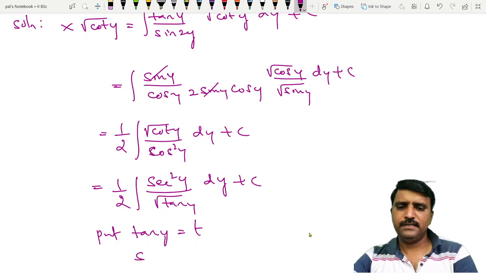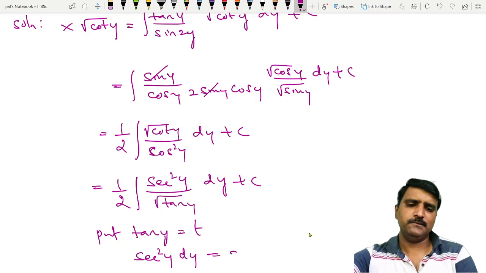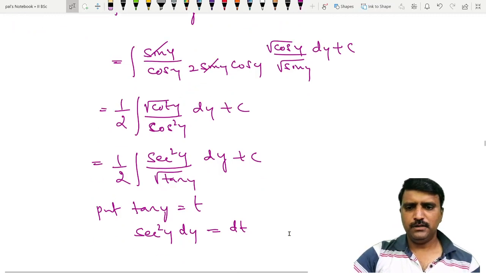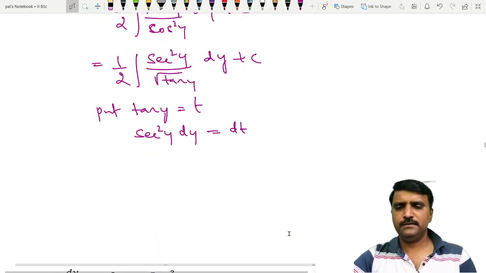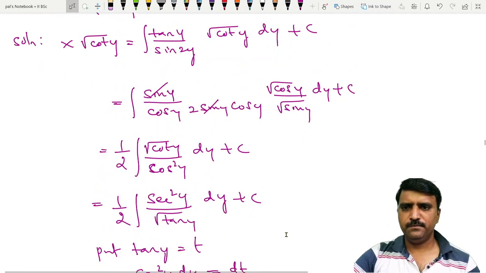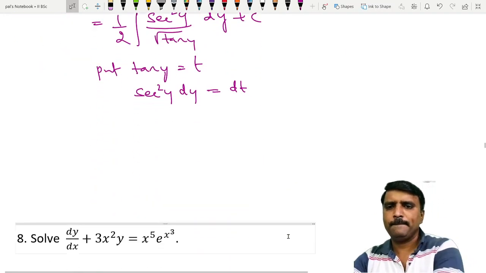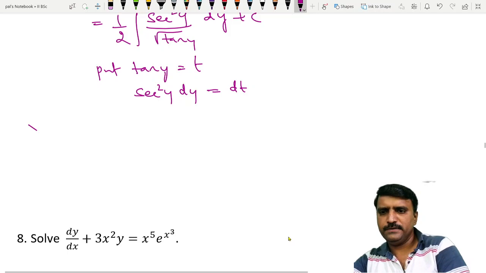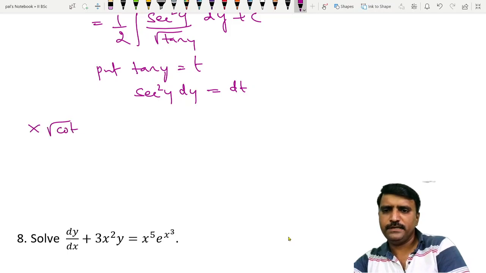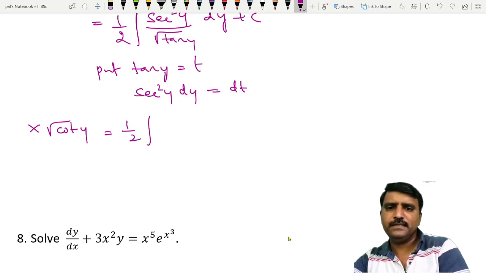Then the differentiation of tan y, secant square y into dy, is equal to dt. So after this substitution, it takes the form x into root cot y is equal to 1 by 2 into the integration of secant square y dy, which we can write as dt, divided by square root of t, plus c.